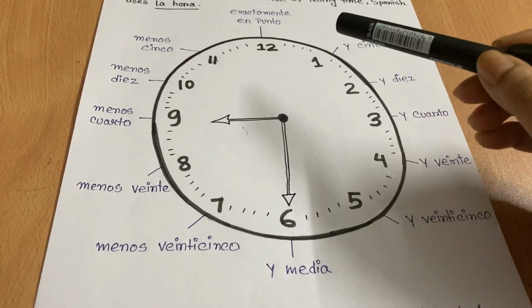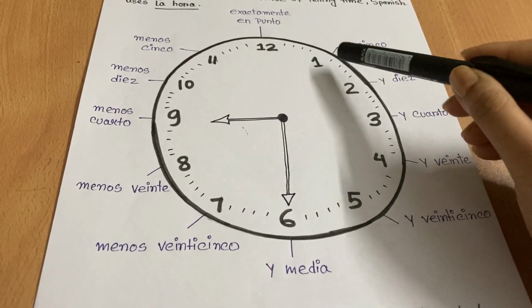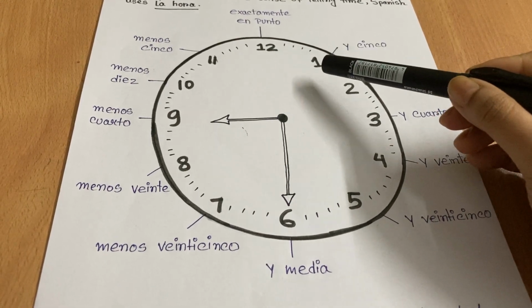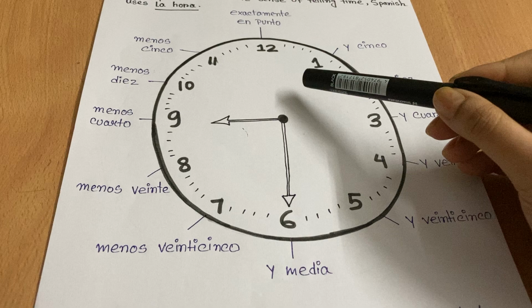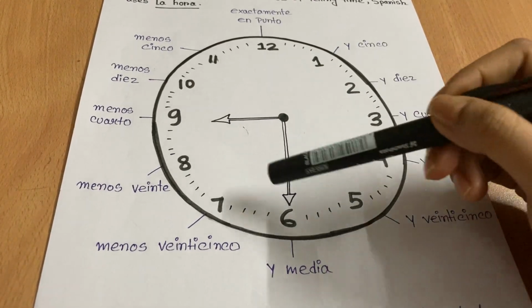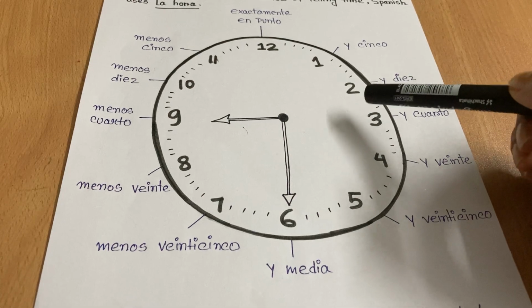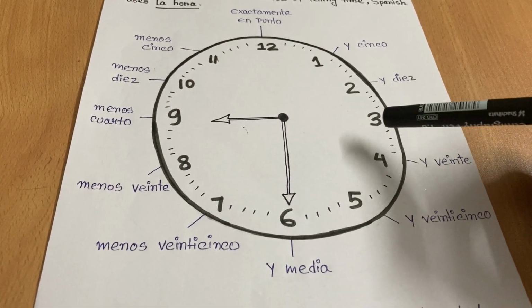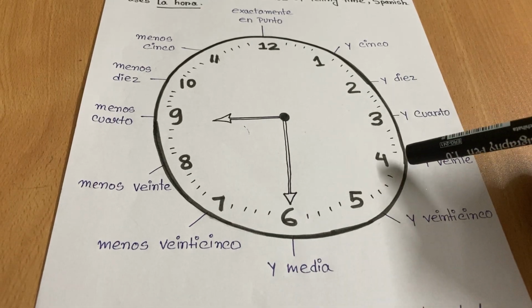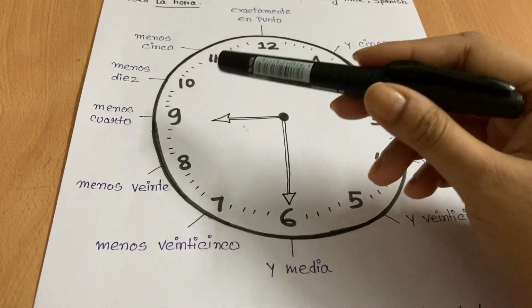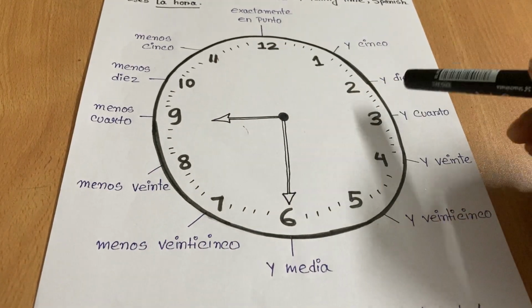So when we want to talk about 1 o'clock, we have to use es la because one is singular: es la una. For the rest of the others we have to use son las, like son las dos, son las tres, son las cuatro y en punto. Like this, you have to tell the o'clock.